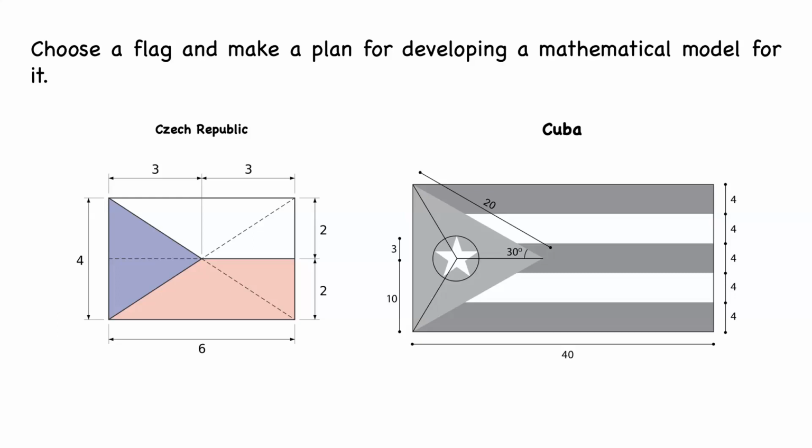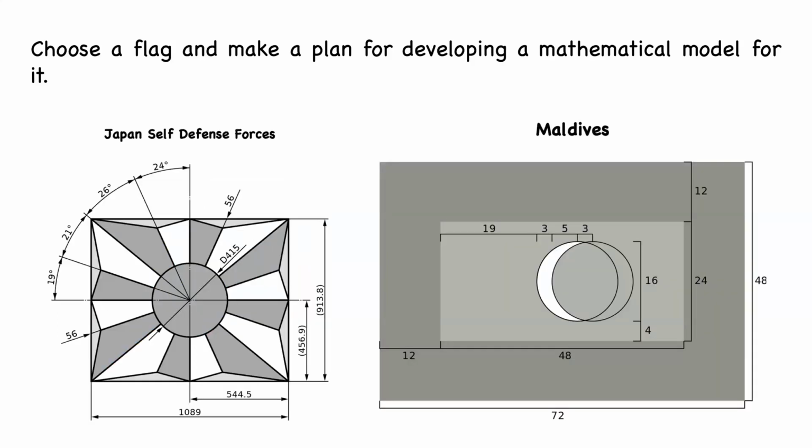The one for Cuba is also wonderful. Where will you put (0, 0)? And how will you get the equations? That also involves some beautiful right angle trigonometry. The one for the Maldives, I know it looks complicated, but it's just a couple of circles. That is a nice one to do with students.